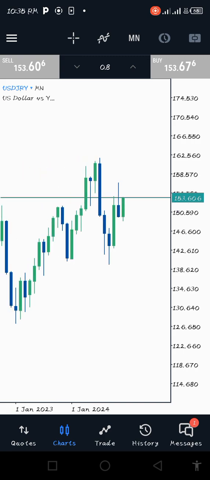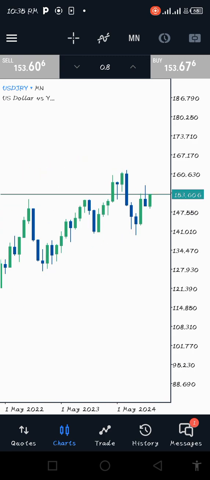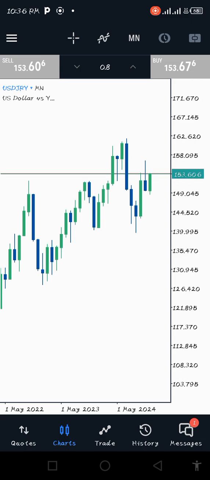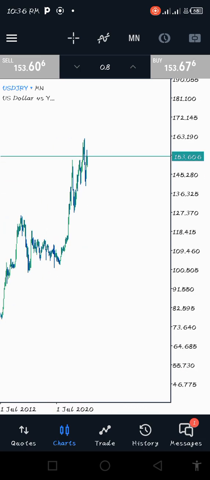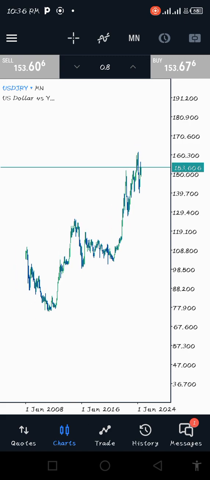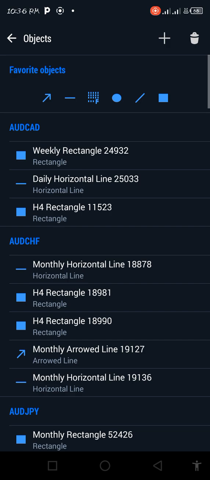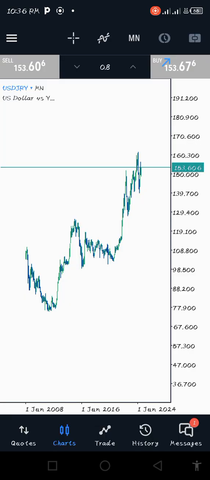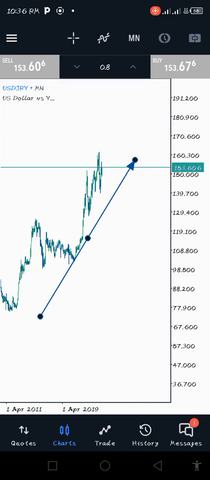Now if we can judge things from the higher time frame perspective, that is the monthly time frame perspective, the highest time frame possible, we can go on price. I'm using my phone for analysis, and I can judge from the monthly time frame that we are actually pushing up on this pair.